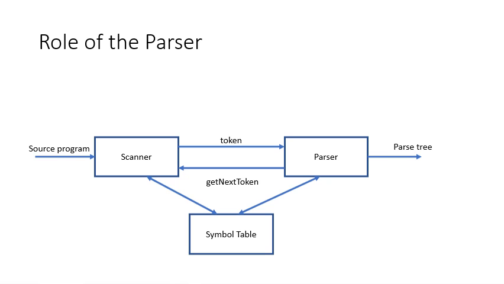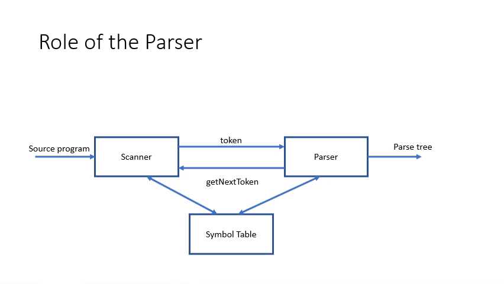The role of the parser in the compilation phase. As you know, the scanner or the lexical analyzer takes as input the source program, and based on the regular expression that is fed into the scanner, it will identify the words or the tokens of that particular source program.